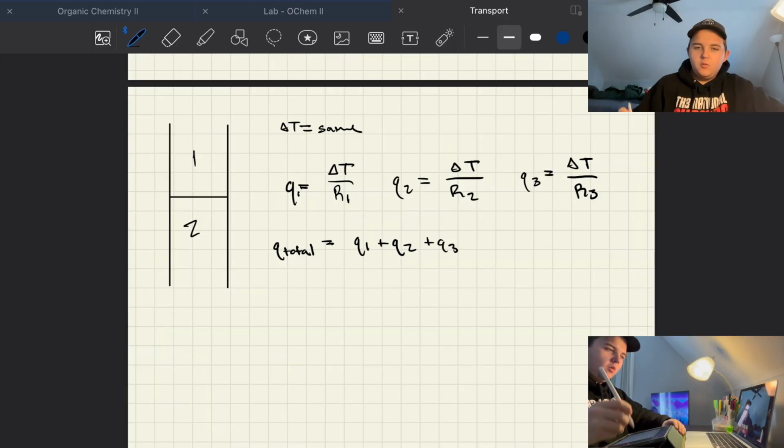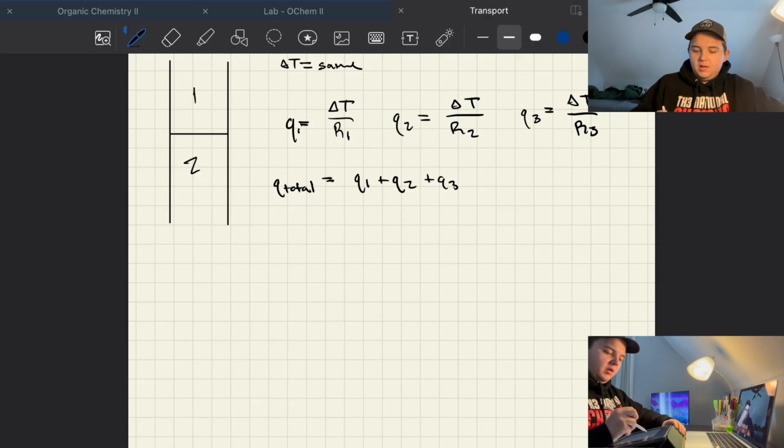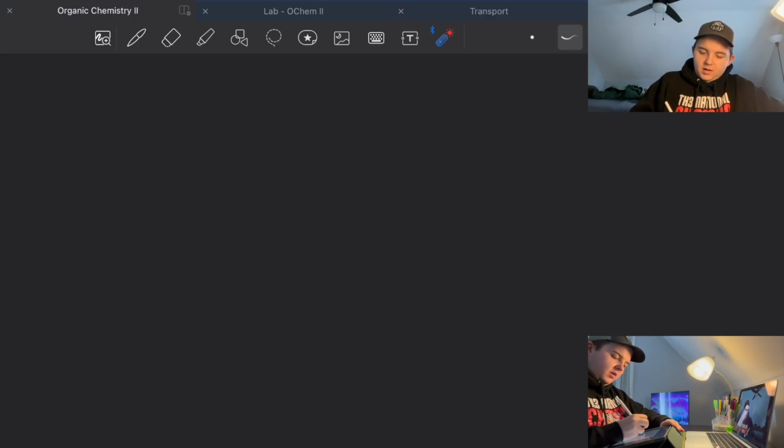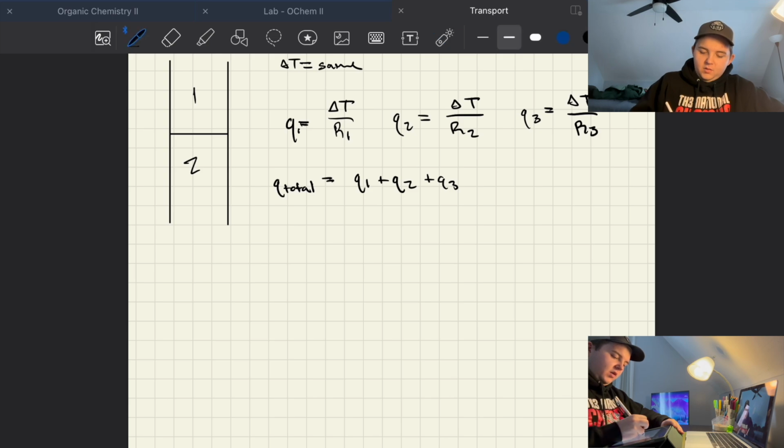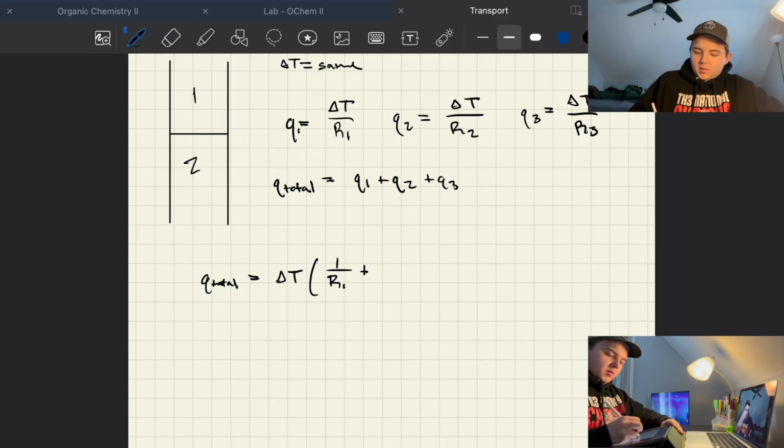So what we can do now is we can see up here this is going to be equal to this, and all of these have delta T in common. So we can factor delta T out, so we'll have Q total is equal to delta T times 1 over R1 plus 1 over R2 plus 1 over R3.